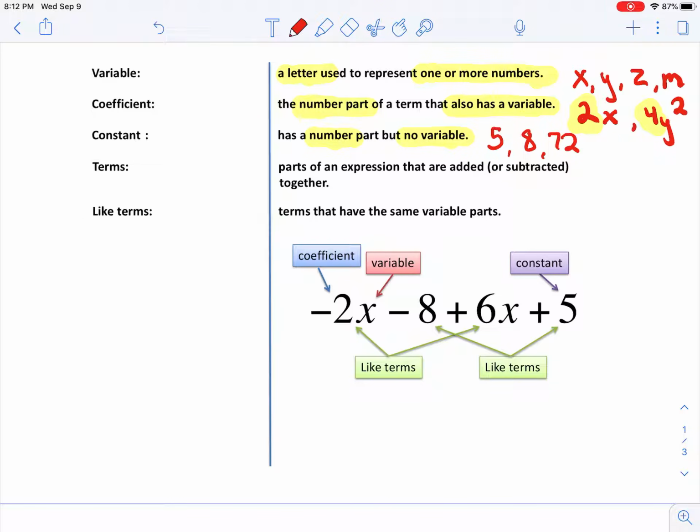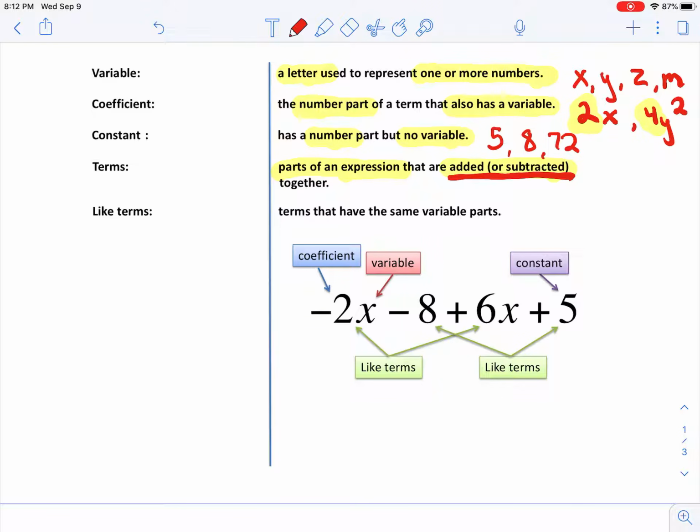Well, all of these, the variables and the coefficients, can be combined to make terms. Terms are parts of an expression that are added or subtracted, and that's key. The added or subtracted is very important to know, because that's where the split of the terms is.